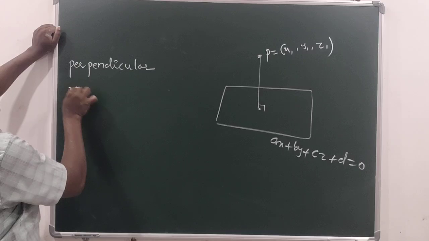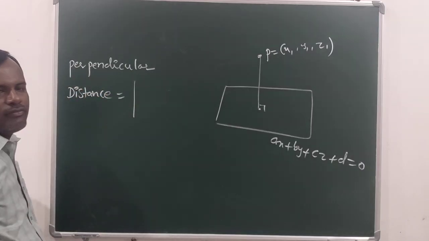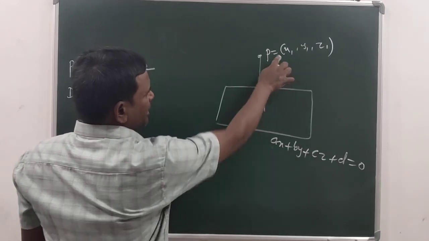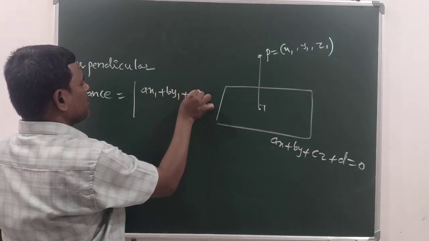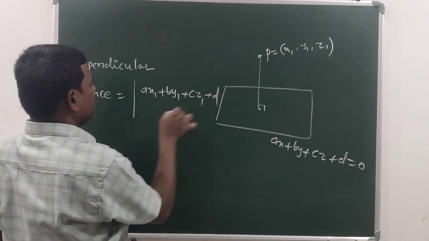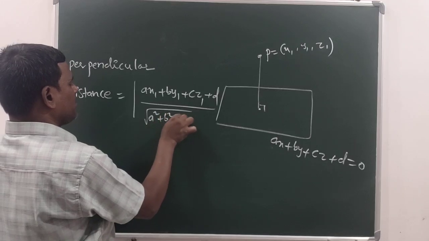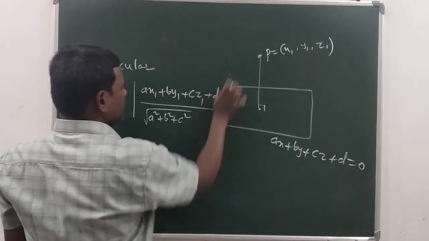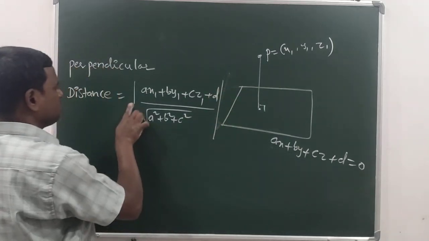Perpendicular distance from that given point to the plane is equal to mod of, so here x coefficient ax1 plus by1 plus cz1 plus d by root a square plus b square plus c square. Okay, units.